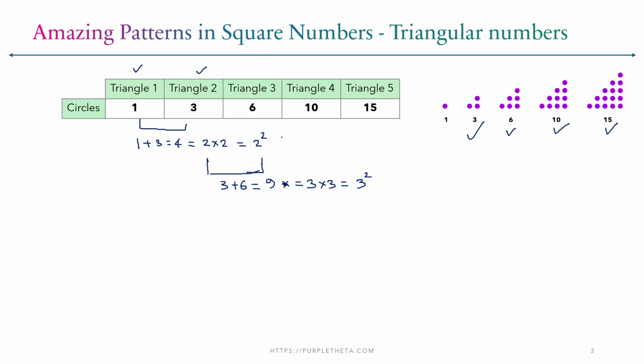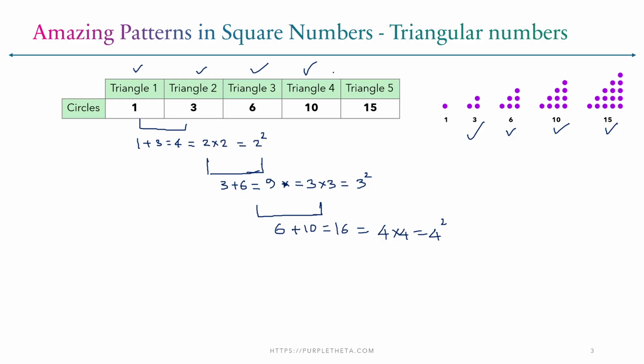And when we add the number of circles in triangle 3 and triangle 4, 6 plus 10, this is equal to 16. 16 is 4 multiplied by 4, or 4 to the power 2 or 4 square, right?